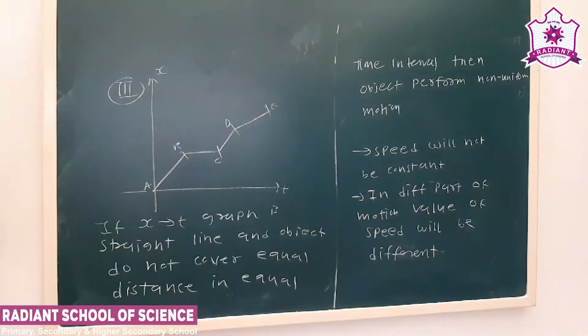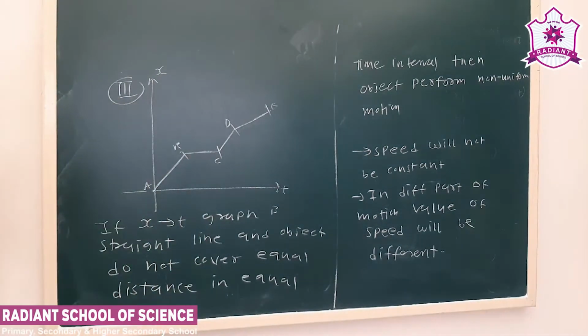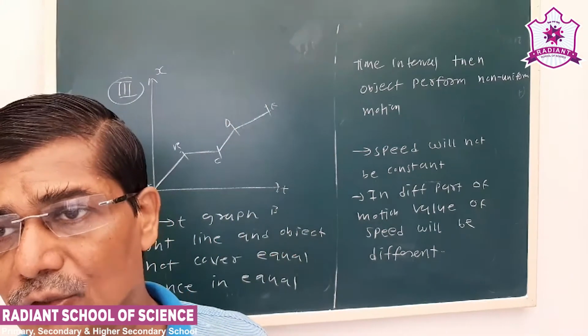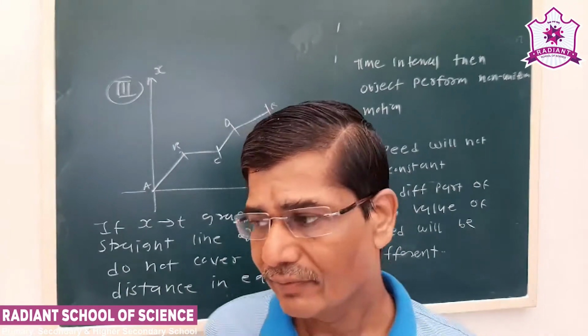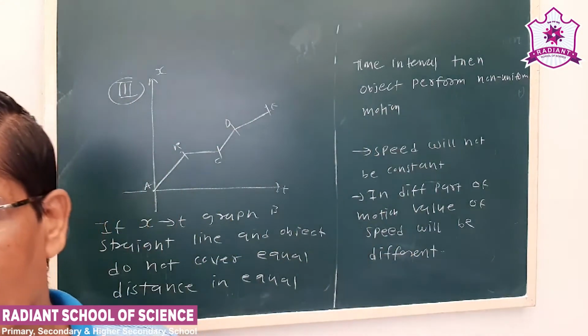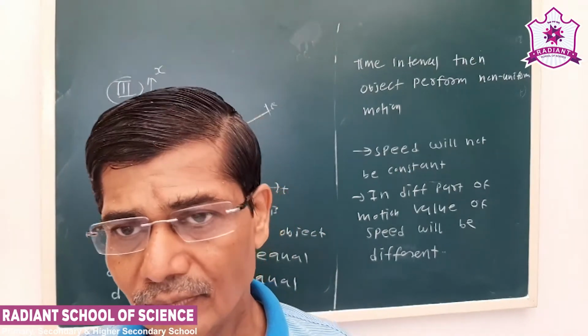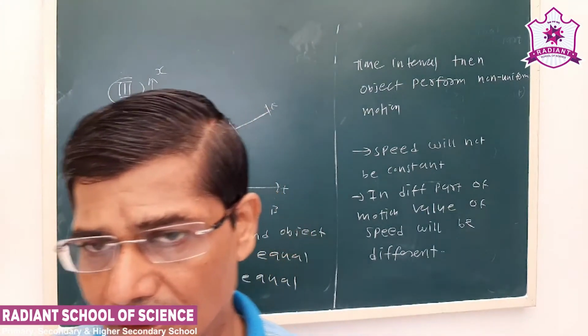Okay, so this is about the third graph for x versus t. First graph was like this: if the x versus t graph is parallel to the time axis, the object is at rest or stationary. If the x versus t graph is a straight line and the object covers equal distance in equal time intervals, the object performs uniform motion, that is constant speed.